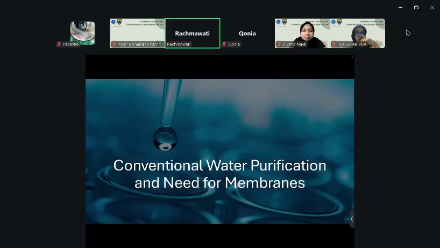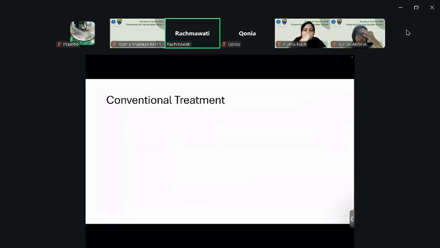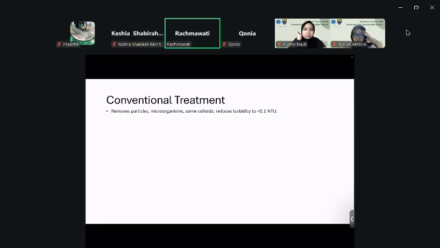Now if we look at conventional water purification, you will see that we need the membrane. The conventional treatment step is like removing particles, microorganisms, or some colloids, so the point is that we want to reduce the turbidity.